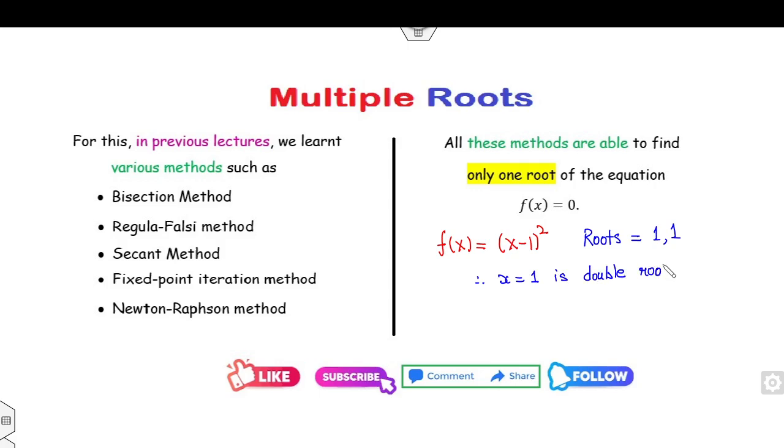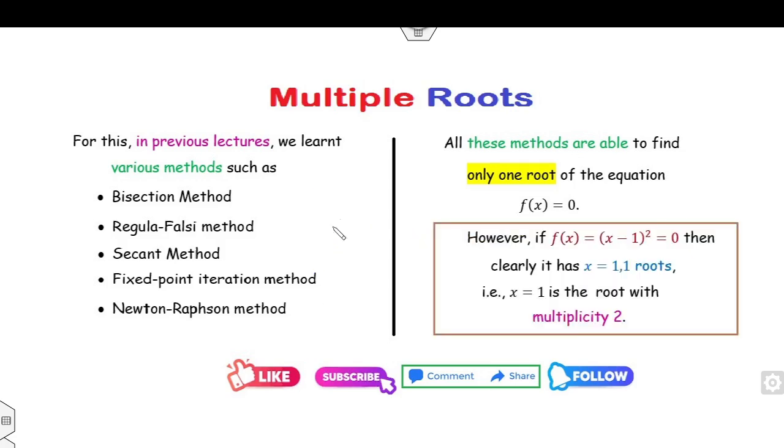But if you apply any of these methods on the function f(x), you are unable to find both the roots 1, 1. It will give you only one root, x equal to 1, and they are not talking about the double roots. It is a double root, that means a root with multiplicity 2.